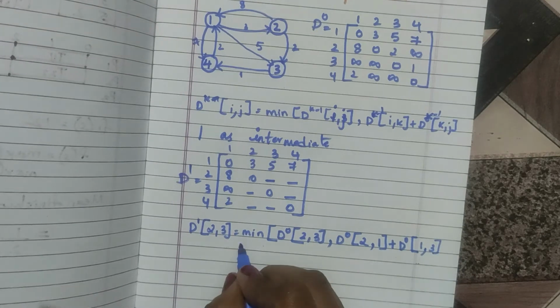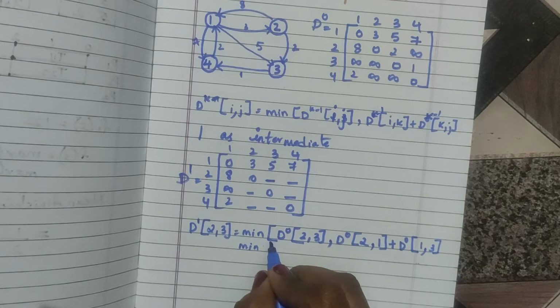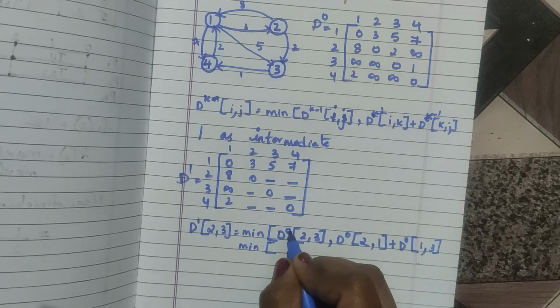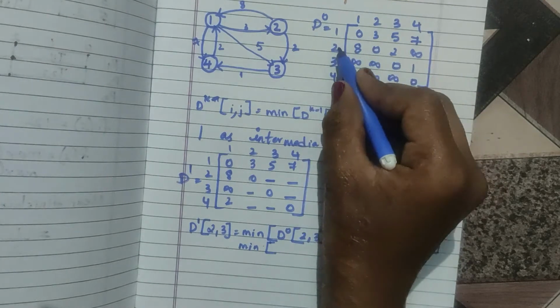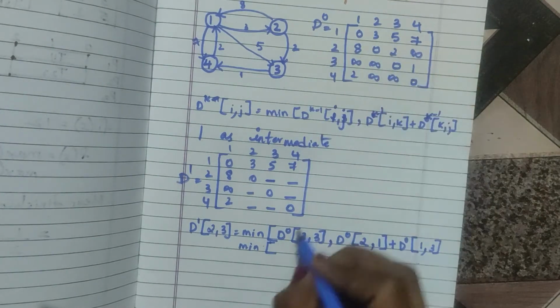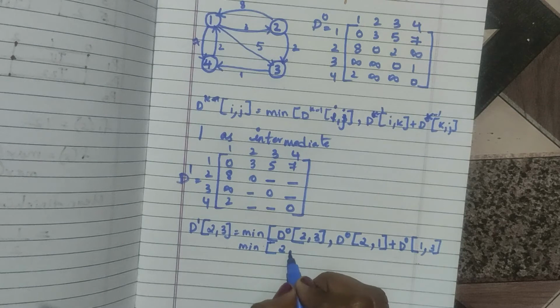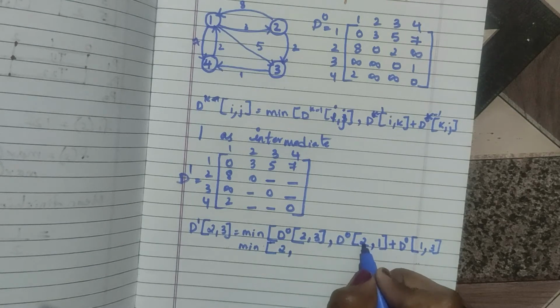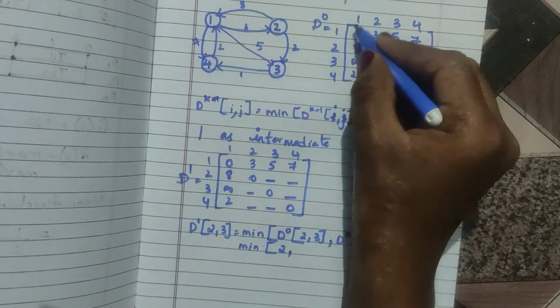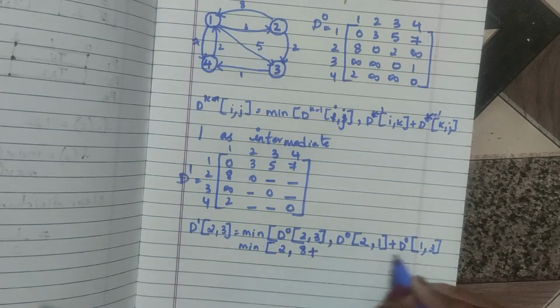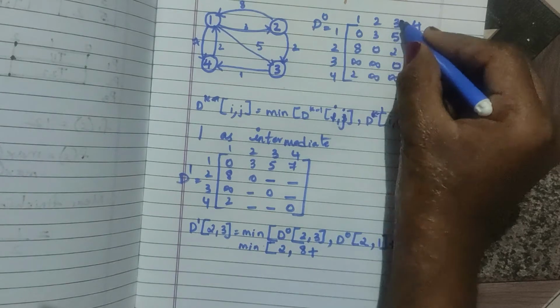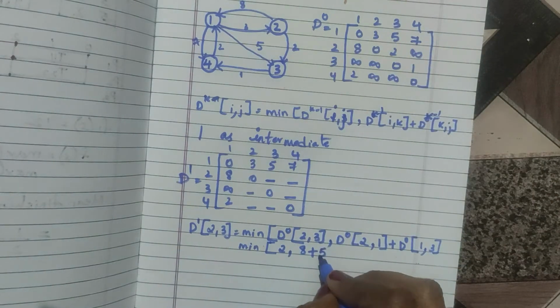Now you need to find the minimum value for this. So d of 0, 2 comma 3. You have to see here in d of 0, value 2 to 3, the value is 2. So I'll write the value 2. Now d of 0, 2 comma 1, the value is 8, plus 1 comma 3, the value is 5.